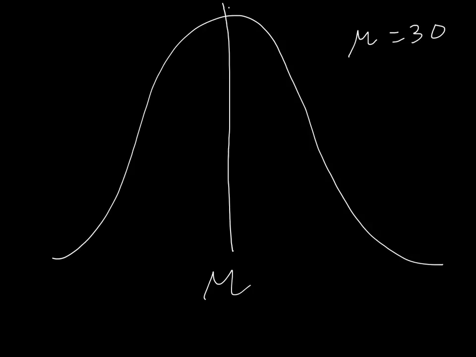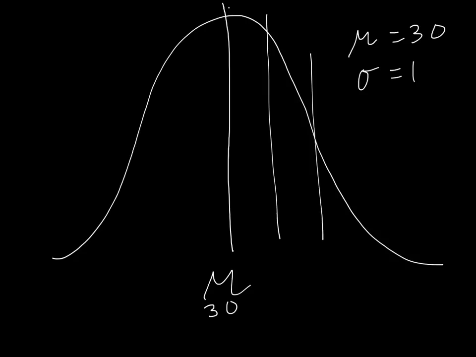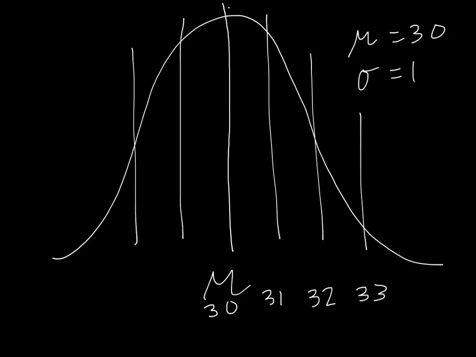Okay, so mean is 30. Let's say our standard deviation is 1. That puts our mean of 30 in the middle, and then there's always 3 standard deviations above our mean, so 31, 32, and 33. And then 3 standard deviations below our mean. Okay, and so that's 29, 28, and 27.